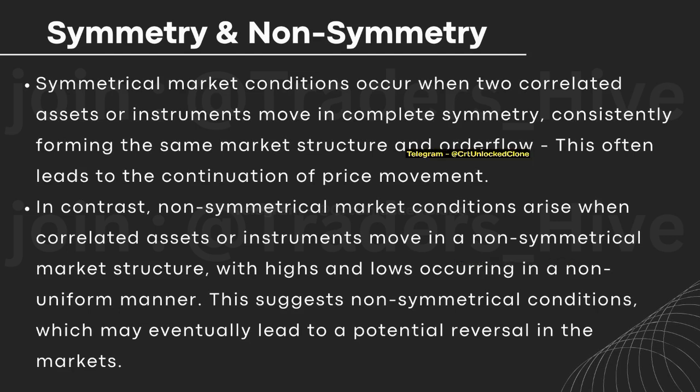As we're using this term on our charts in our analysis, the definition for us would be proportionate and balanced similarity between two market structures, or two order flows between two correlated assets. The proportion of that similarity or variation will define the type of market structure or condition that we are in, right? Now, a symmetrical market condition occurs when two correlated assets, markets or instruments move in complete symmetry, meaning they consistently keep forming the market structure and order flow, right?